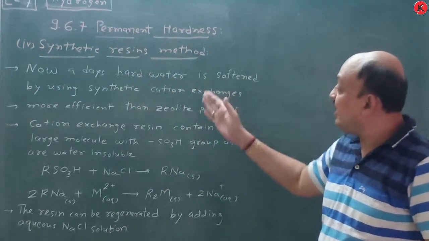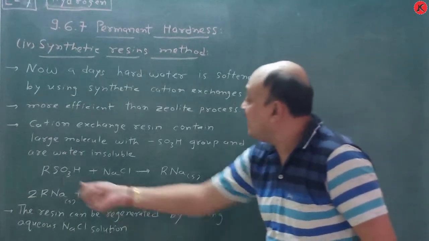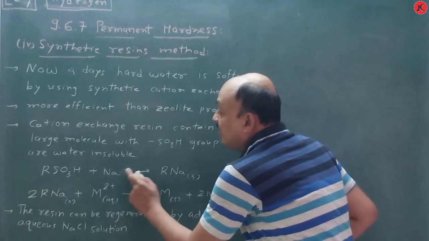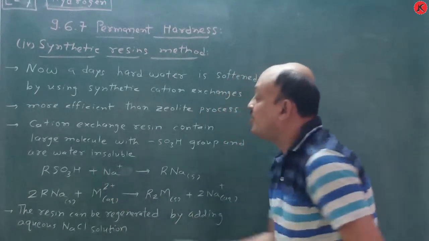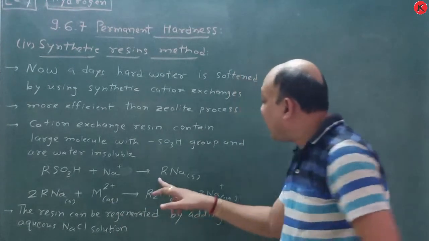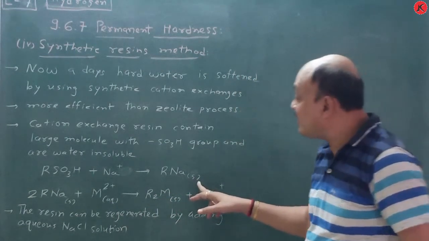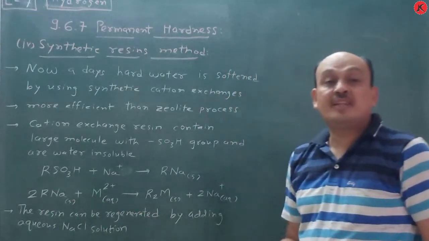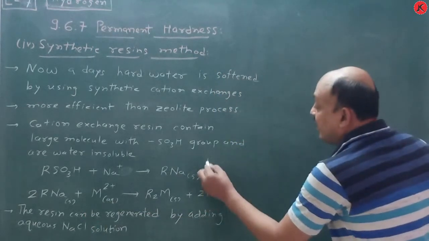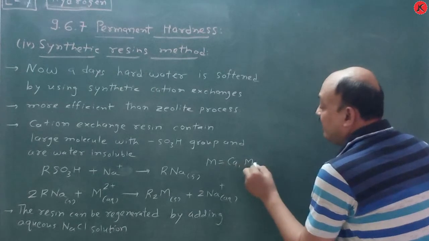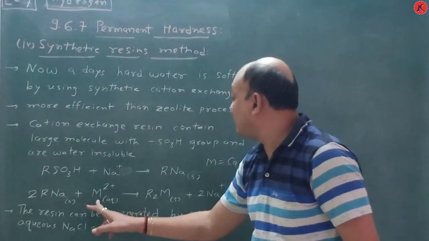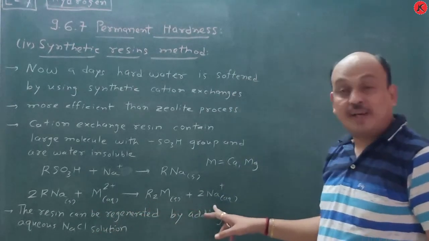Write this down. Again RSO3H is there, which is converted, taking the Na+ form, into RNa with negative charge and SO3H positive. So alkyl sodium is produced, which reacts with hard water containing Ca+2 or Mg+2 ions. Remember, M stands only for Ca and Mg, because hardness of water is measured by calcium and magnesium. So we get R2M solid plus 2Na+.